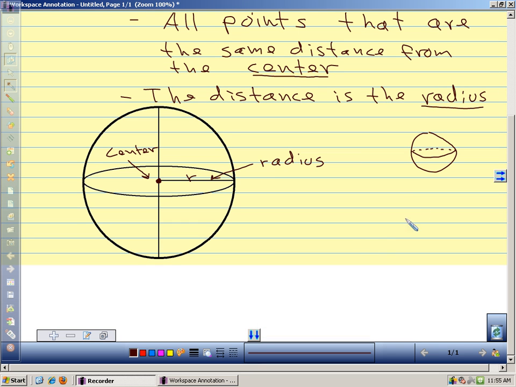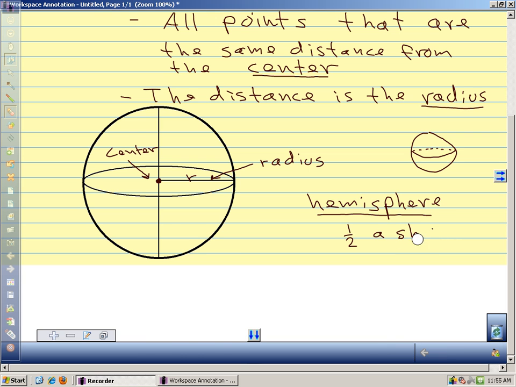Now, in your homework, it'll ask you questions about a hemisphere. A hemisphere just means half a sphere. So when the problem asks you about a hemisphere, it's just asking about half a sphere.